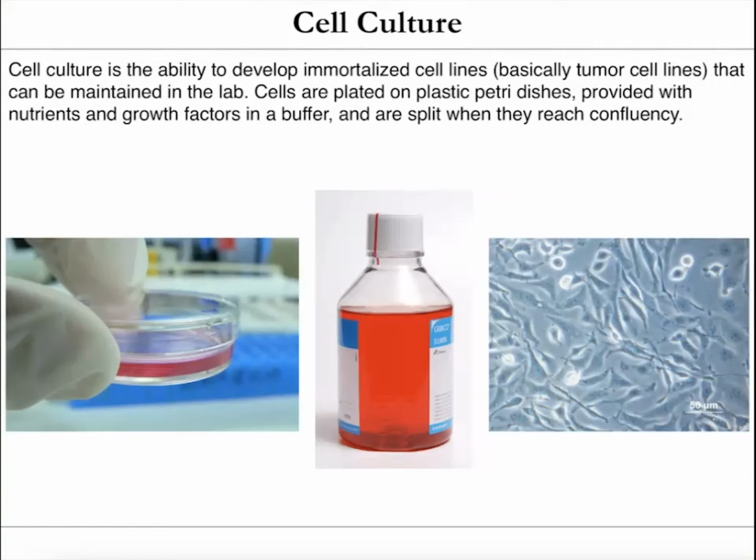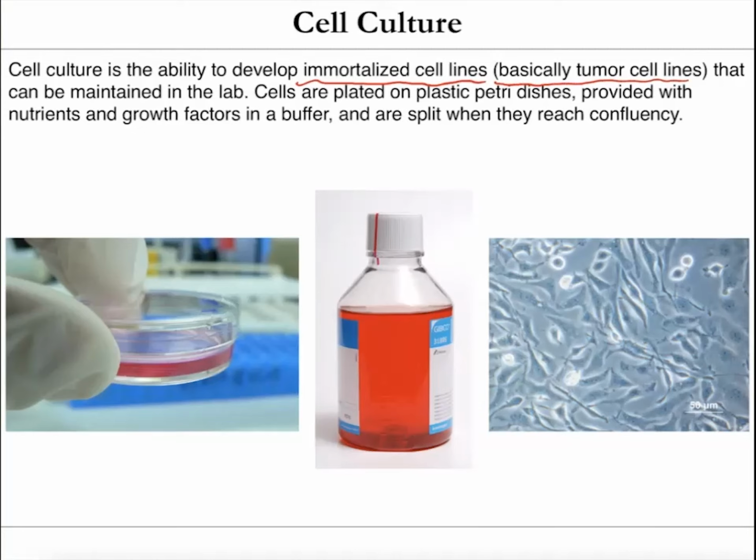Cell culture uses a lot of times what are called immortalized cell lines. Normal cells, if you just take them and put them on a plate and grow them, will grow a couple times, but then they'll die. Cells aren't supposed to grow all that much. So you can develop cell lines that have certain mutations. They're basically tumor cells, but they can be maintained in a dish.